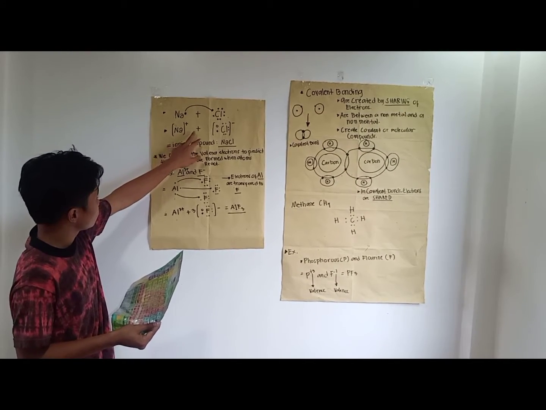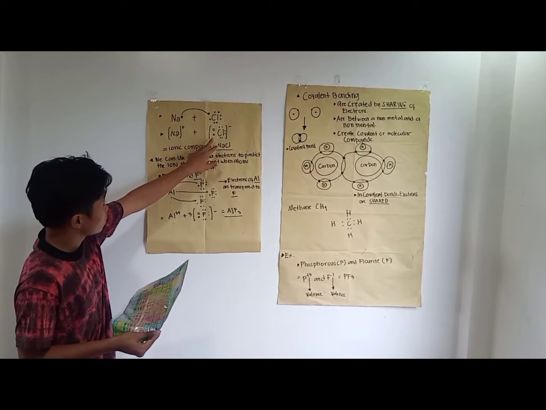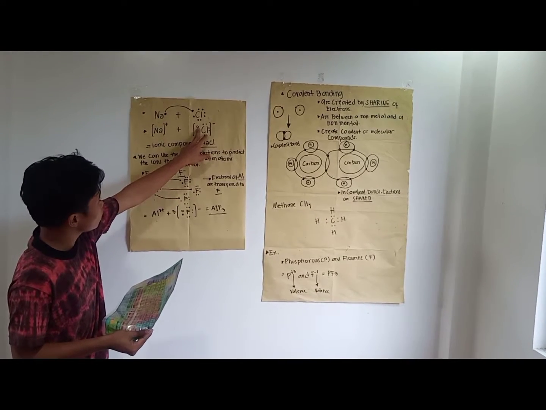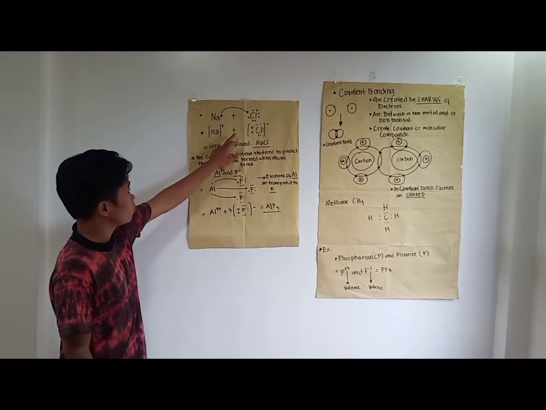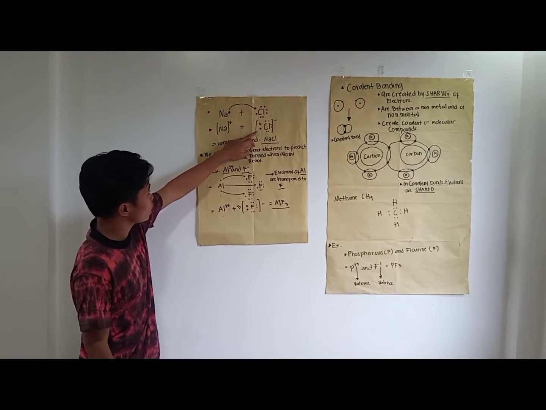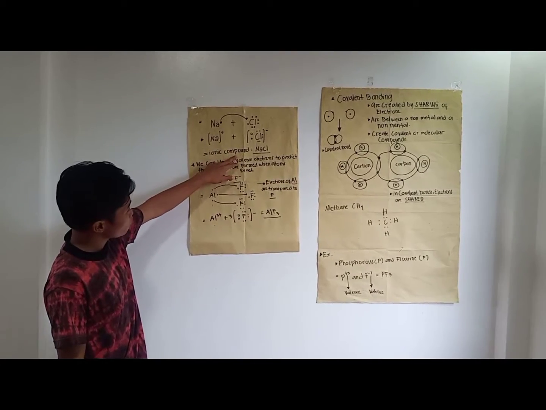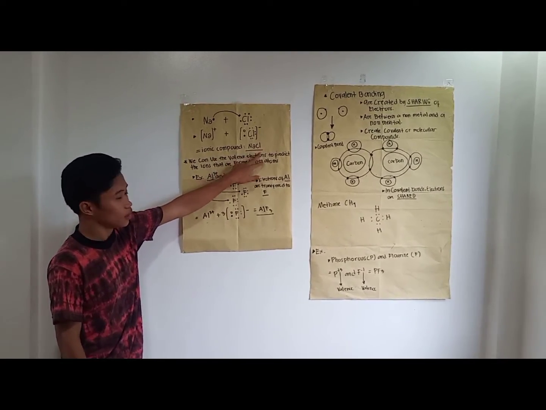Na plus Cl, and when you combine them, the ionic compound is NaCl.